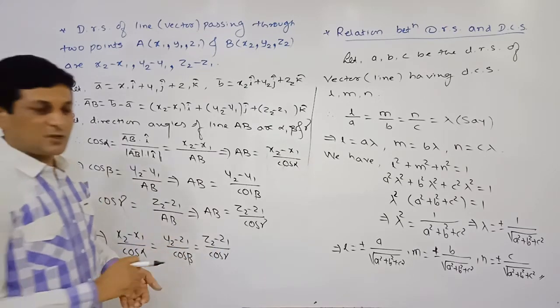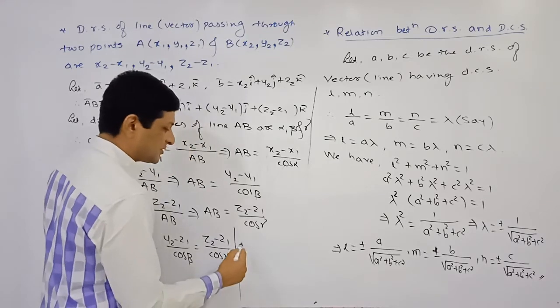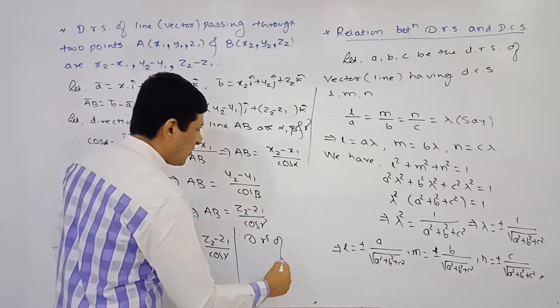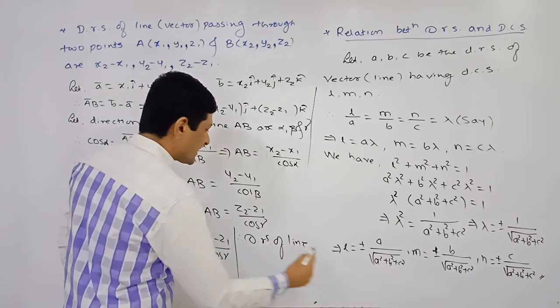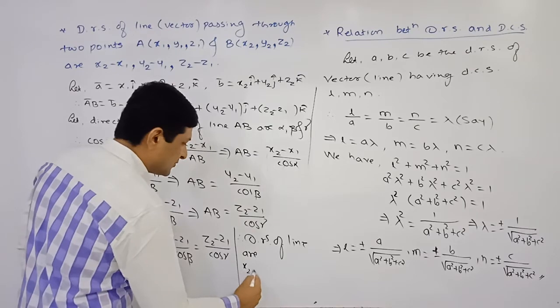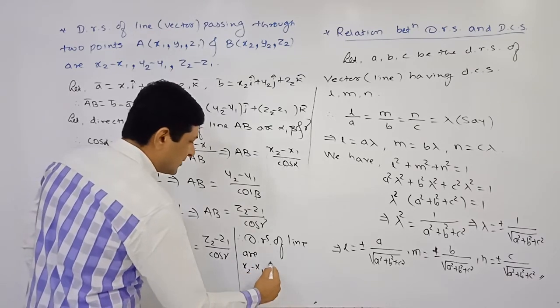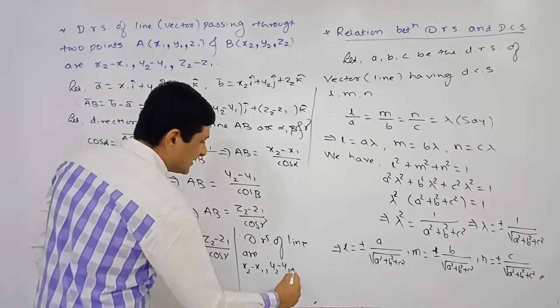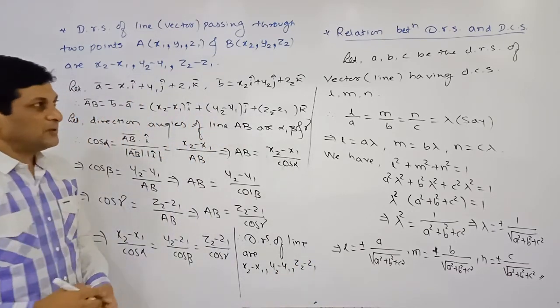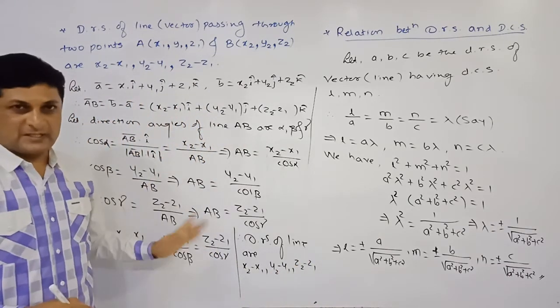Direction ratios of the line, according to the definition of direction ratio. So therefore, the direction ratios of the line or vector are x2 minus x1, y2 minus y1 and z2 minus z1. Okay, so now we have proved two important results.